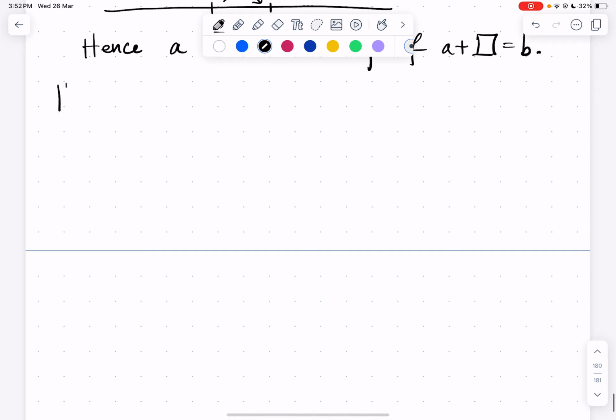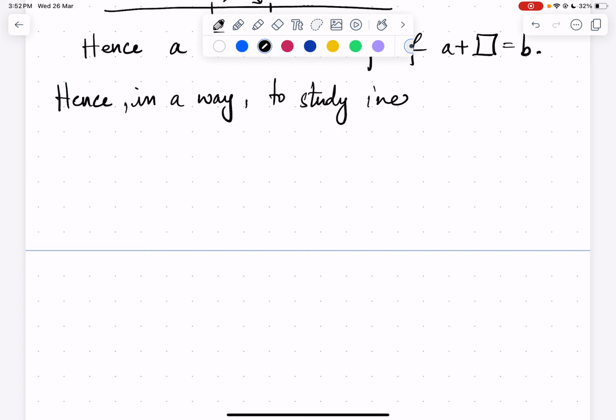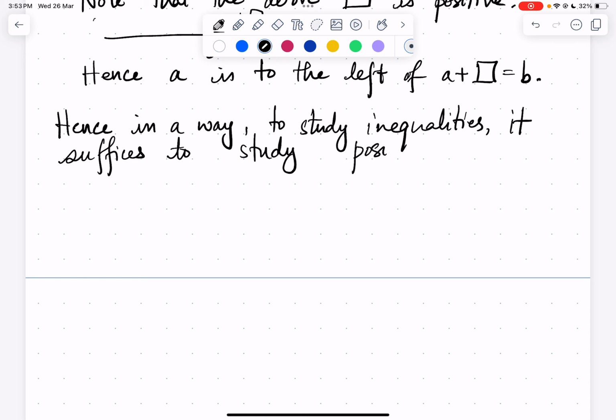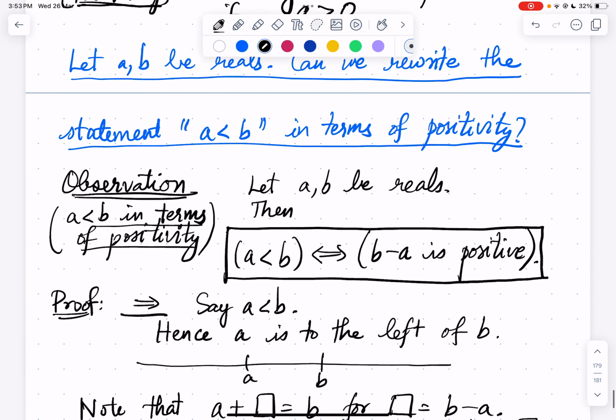So hence, in a way, to study inequalities, it suffices to study positivity. To study positivity, we can rewrite any inequality A less than B in terms of a positivity statement. B minus A is positive.